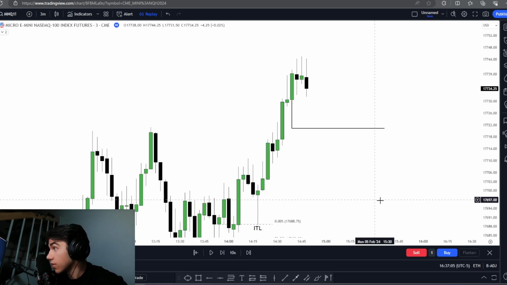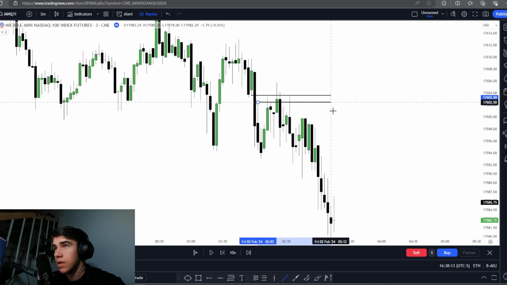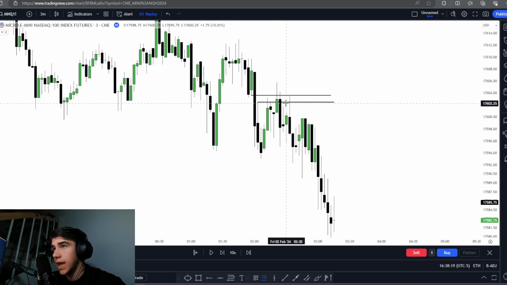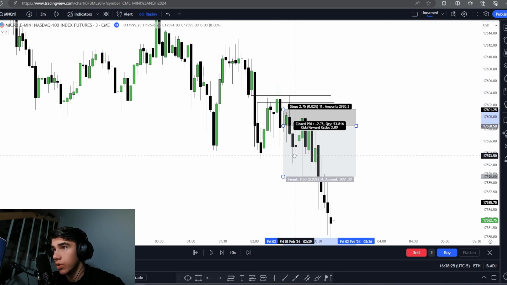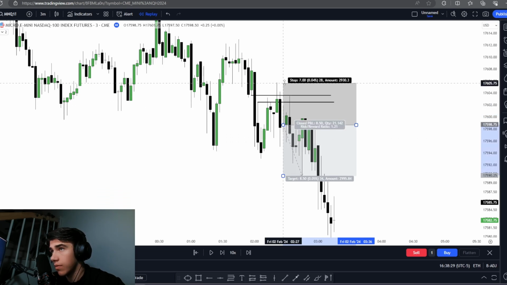And ICT does this too. Another great example would be right here. We have this small imbalance here. Then this is the candle that fills out that gap. So say I short when this candle closes, my stop could go there. Maybe I short this order block here, my stop could go there.